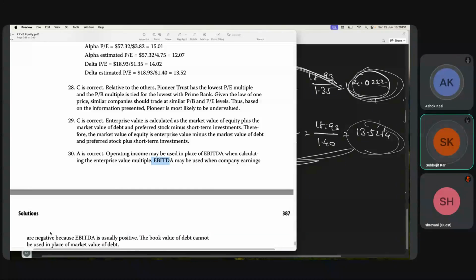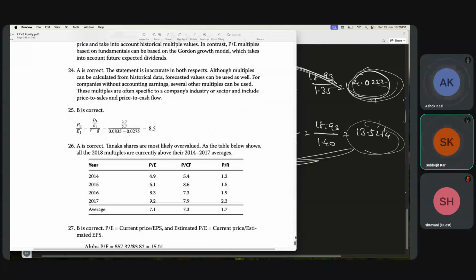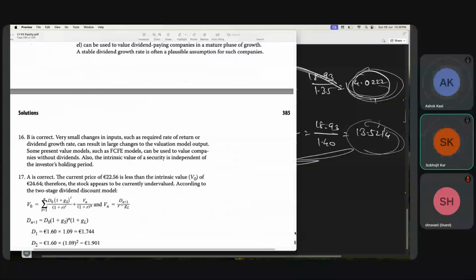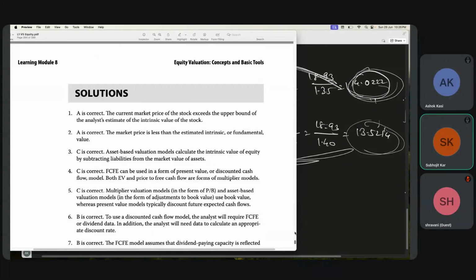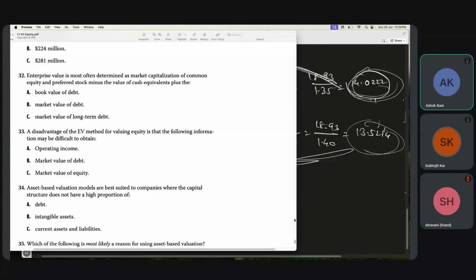They said EBITDA may be used when company earnings are negative because EBITDA is usually positive. So they are trying to say that even when net income is negative, we can use EBITDA. But that was not the question, right?